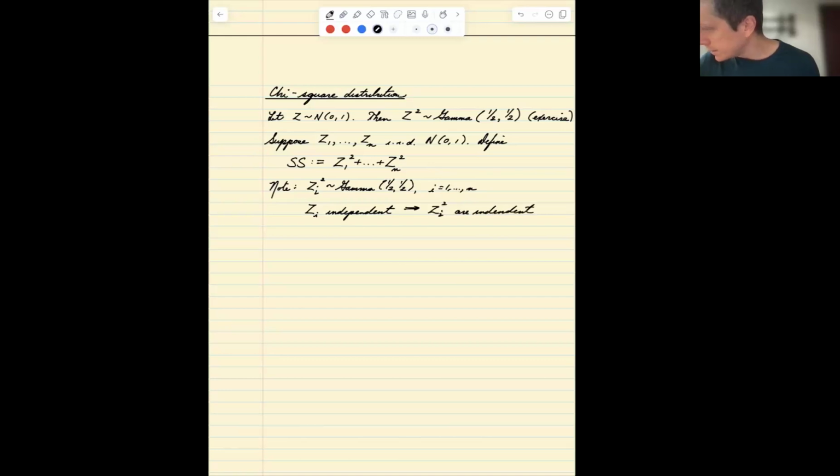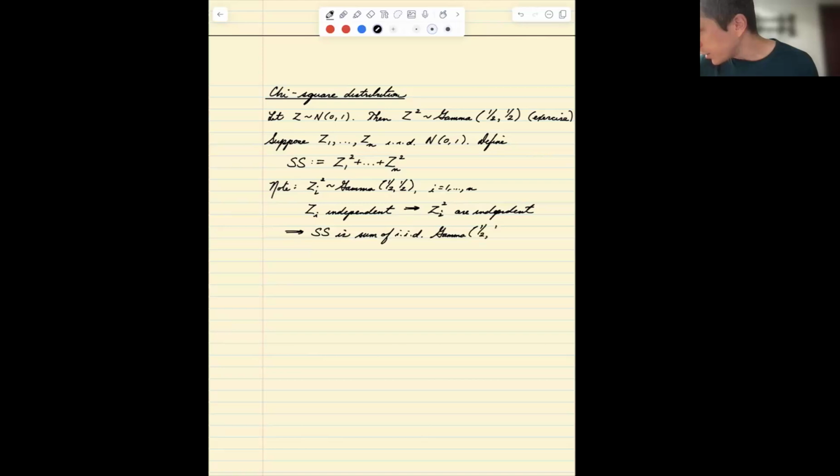So what does that mean? That means that SS is the sum of the gamma 1/2, 1/2 random variables.